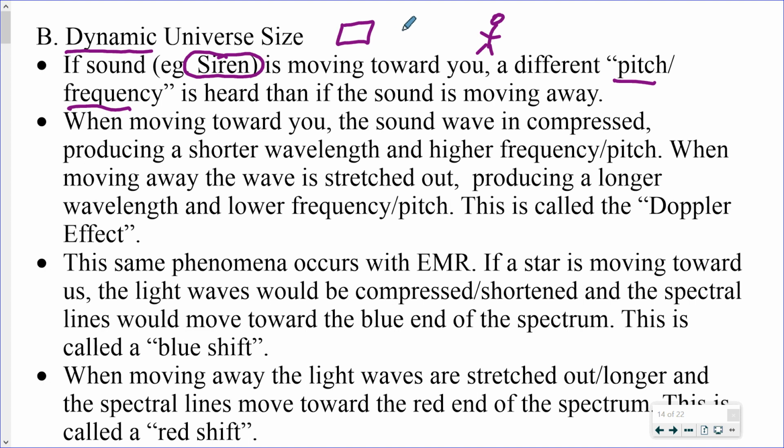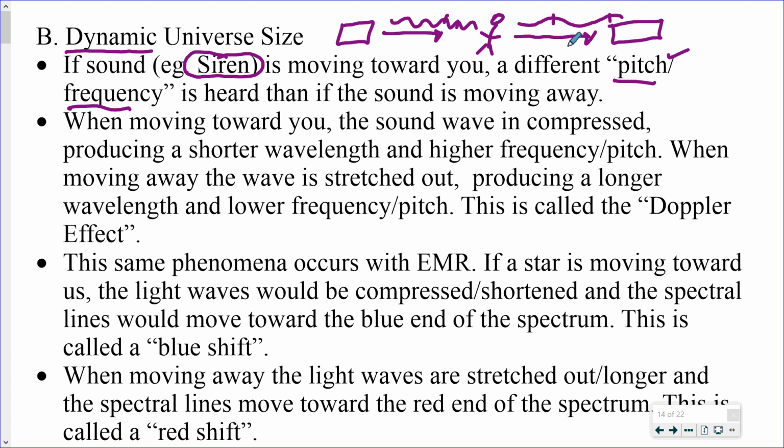So if you're standing here, and we do have a sound source that's coming toward you, what happens is the sound waves are actually compressed. So the waves are closer together. As it moves away from you, though, now they're stretched out. What generates the different pitch or the different sound is the wavelength.